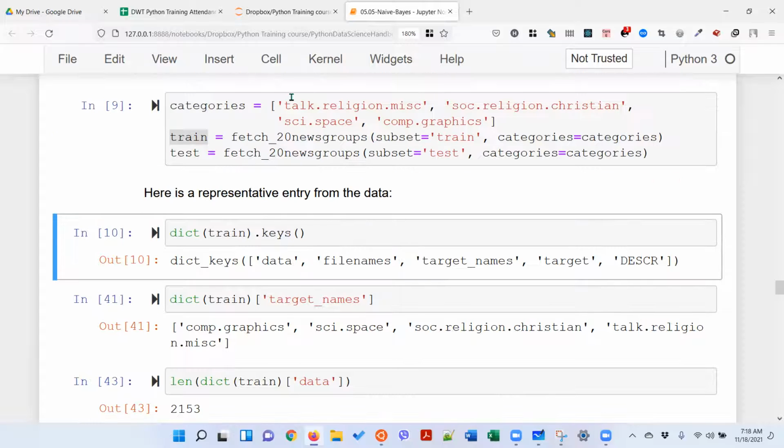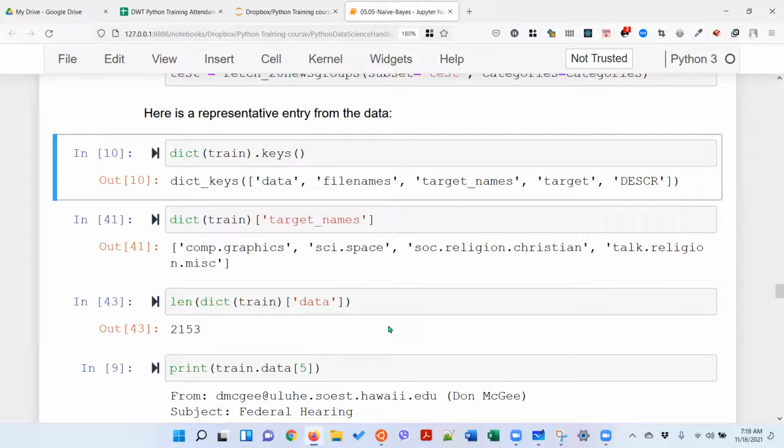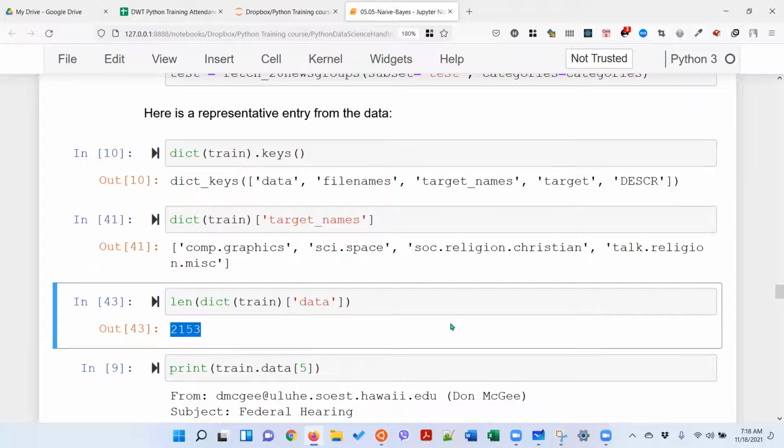These are the 4 target names. And how much data? In the train data, there are 2,153 documents.